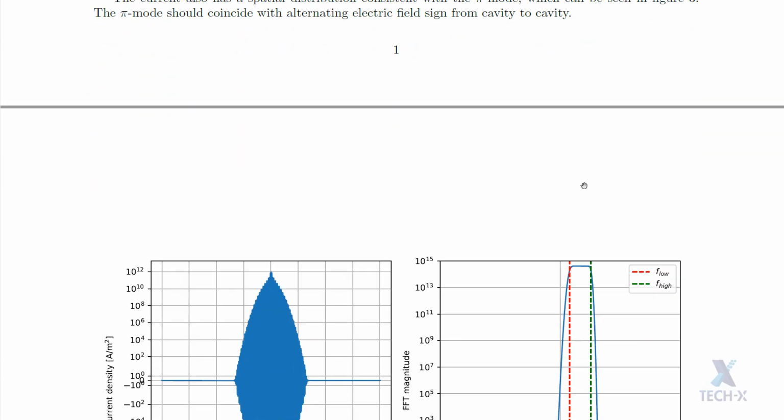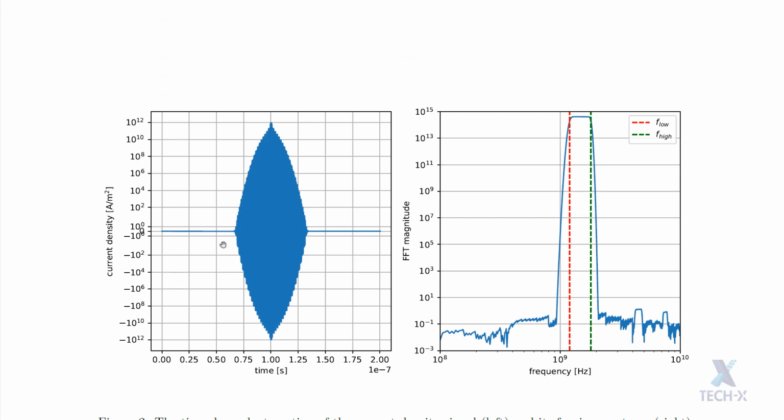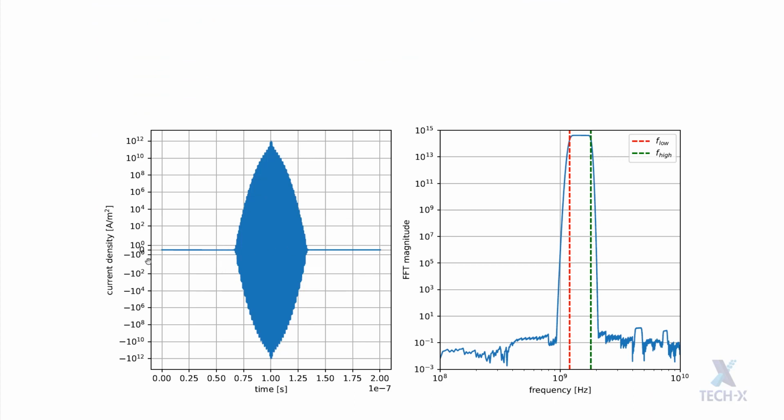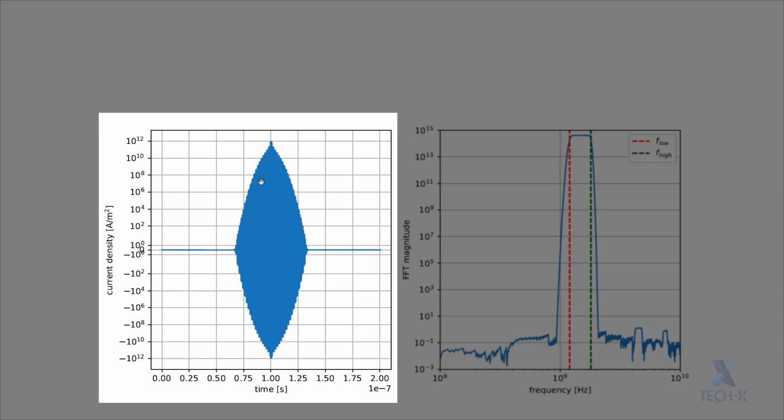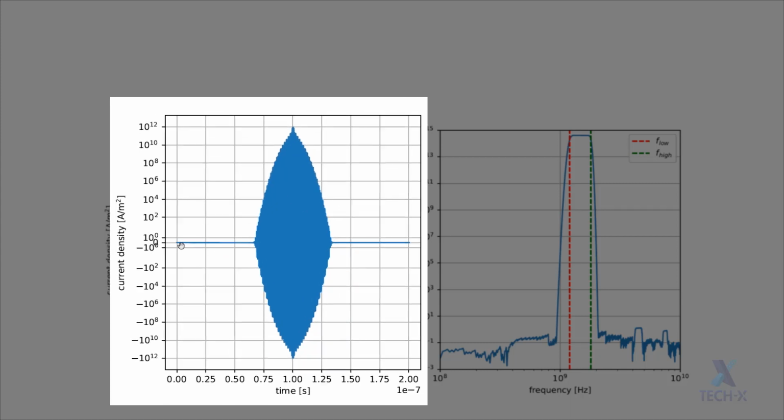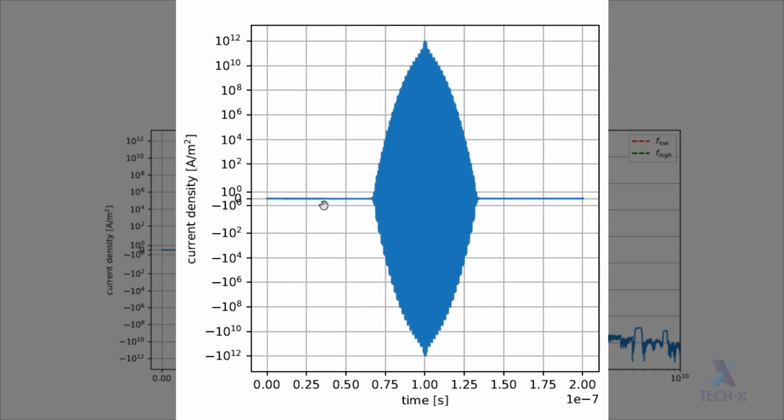Let's look at what this equation looks like. In time, we can see that this is a Gaussian and this is a log plot, so it's an oscillating signal with a Gaussian envelope that has a peak at a certain time and it turns off at twice that time.